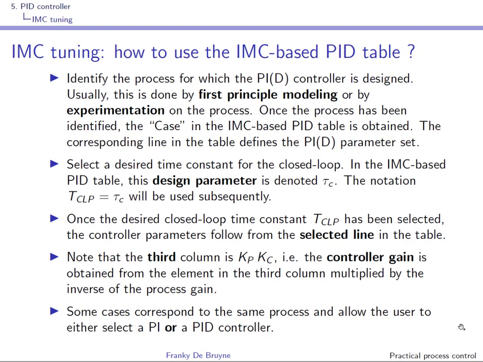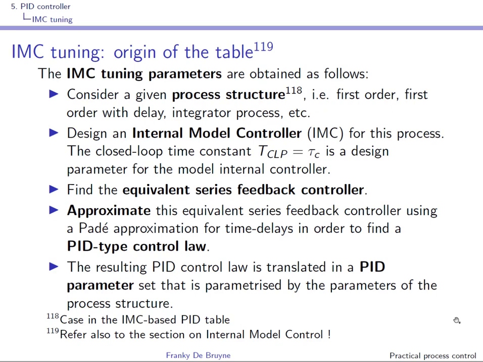For the first column, this is giving you the static loop gain, so you have to obtain the controller gain by taking this expression in the first column and divide by Kp. In some cases, this IMC tuning will lead to a PI controller, and in some other cases this will lead to a PID controller. In this slide we talk about the origin of the table that you have seen.